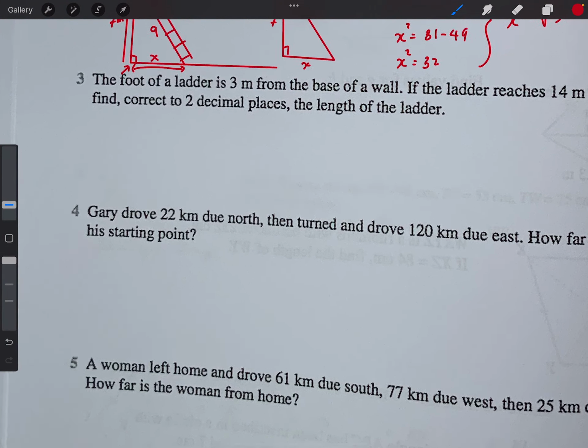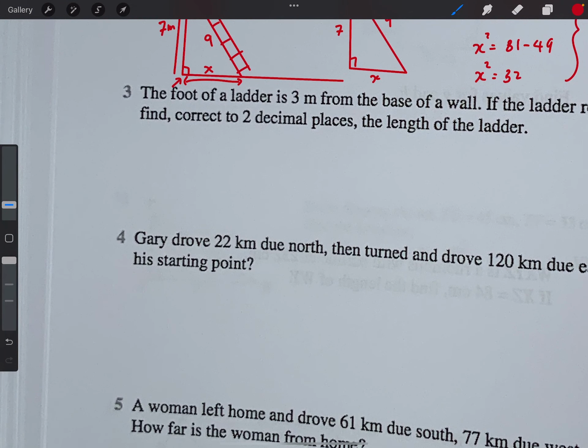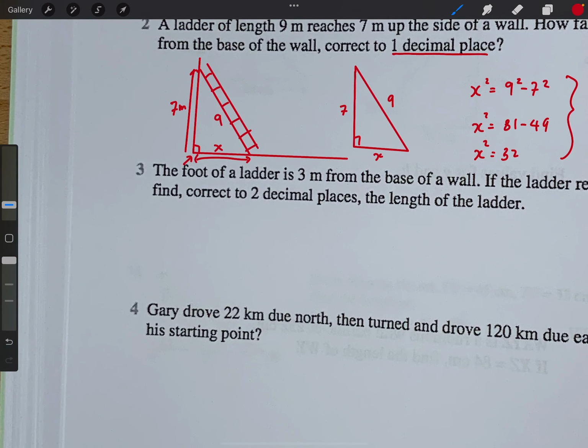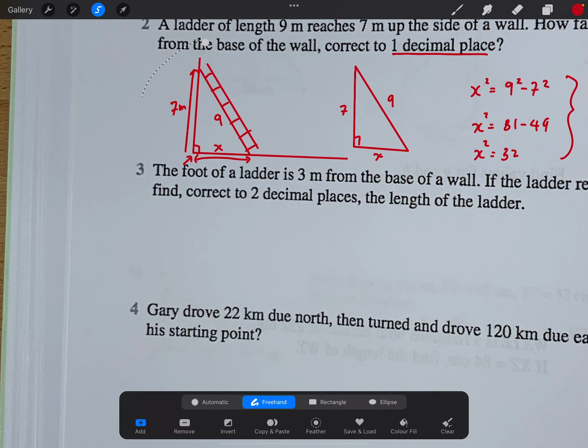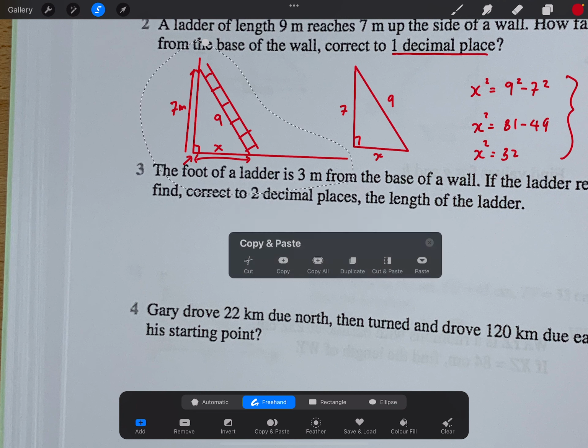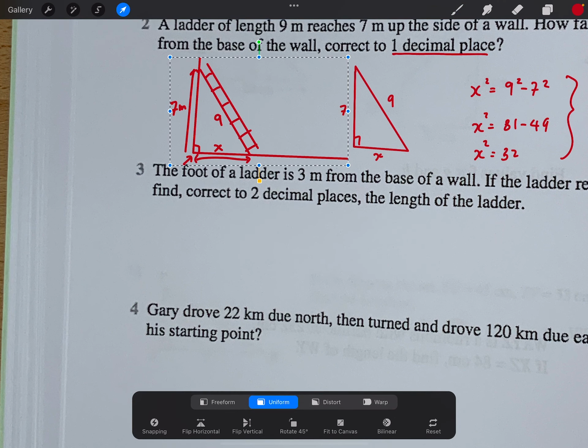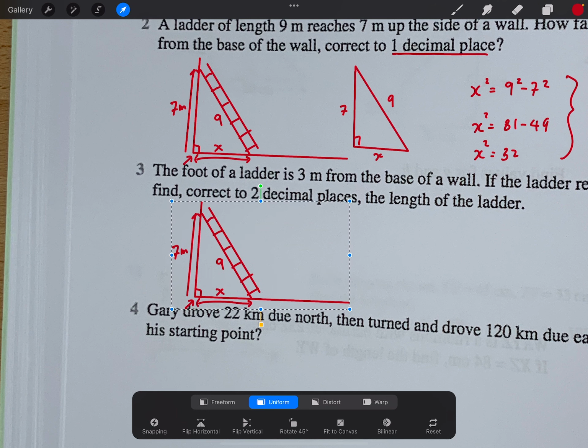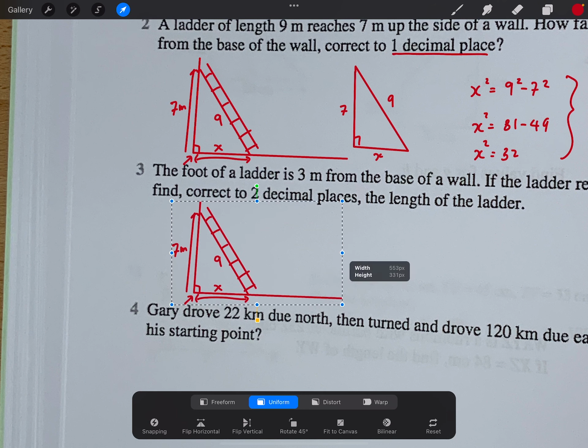Question 3. The foot of a ladder is 3 meters from the base of a wall. I'm going to copy paste this because I can't be bothered redrawing it. Let's shrink this down a bit as well.